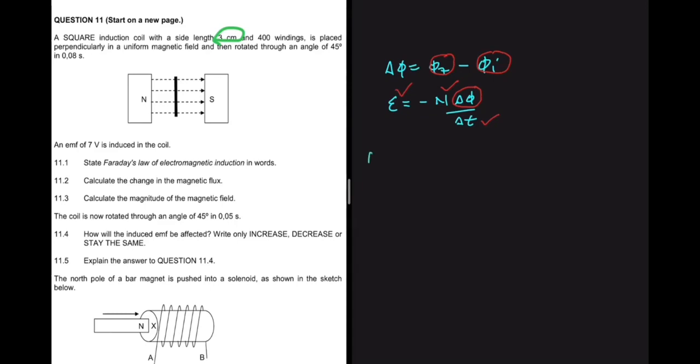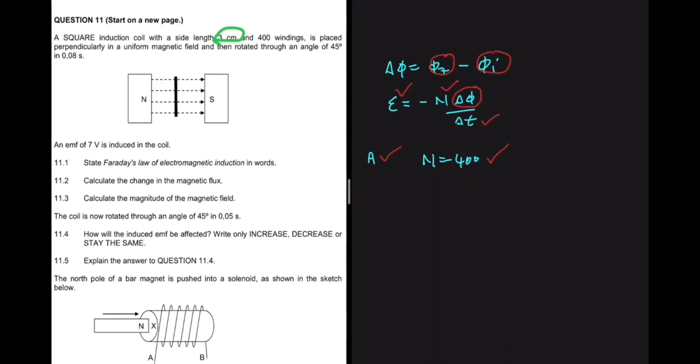So now we know fully well that we have an area of that square, right, which we can calculate. And then it goes on to say the coil has 400 windings, right? So 400 windings, that's just another name for 400 turns. So we have n is equal to 400, right? And then it goes on to say that that coil is placed perpendicularly in a uniform magnetic field. What does perpendicularly in a uniform magnetic field tell us?